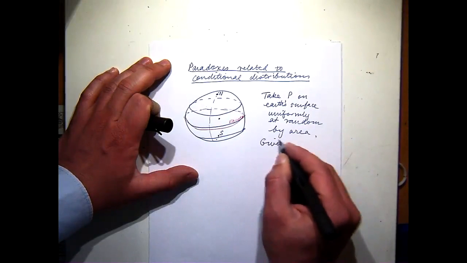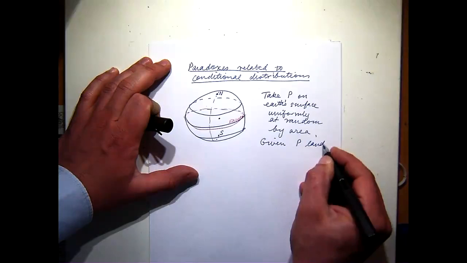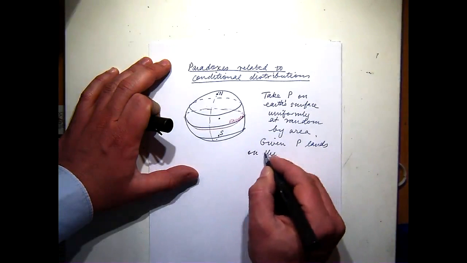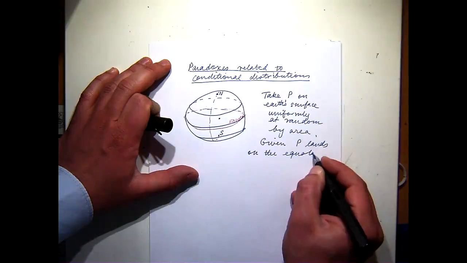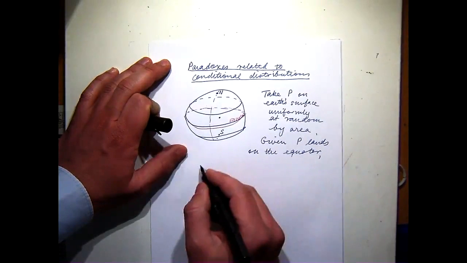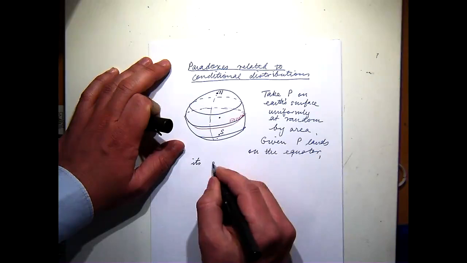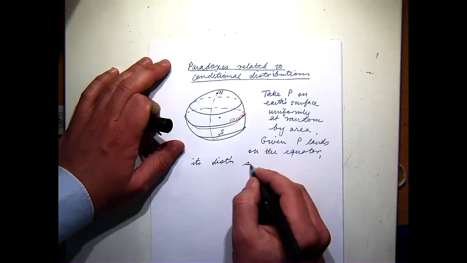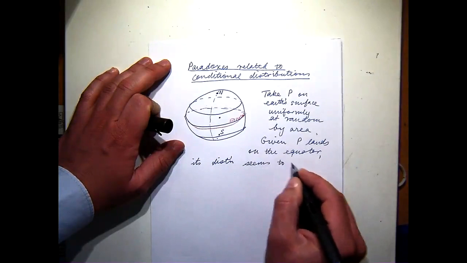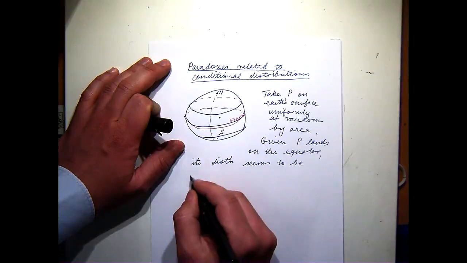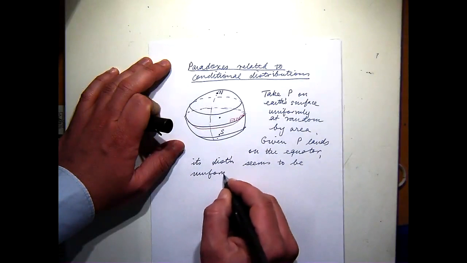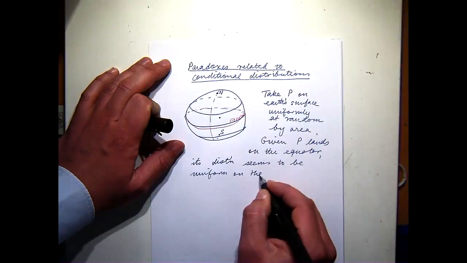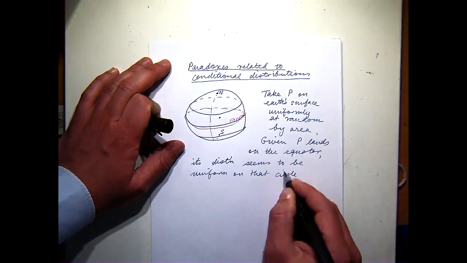Given P lands on the equator, its distribution would seem to be, you would assume, uniform on that circle. Okay?